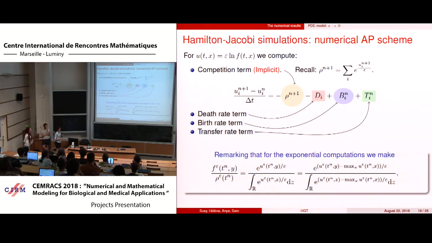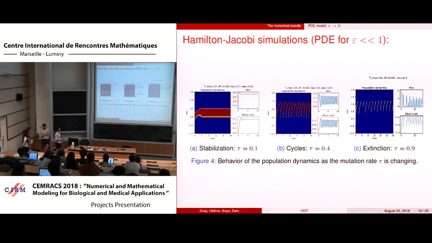For example, if we want this quantity to converge to a Dirac mass, we cannot compute the integral directly, but we can factor out the maximum value of u, which we assume is attained at just one point. Like this, the arguments of the exponentials are non-positive, and we are able to deal with this scheme when epsilon is smaller.